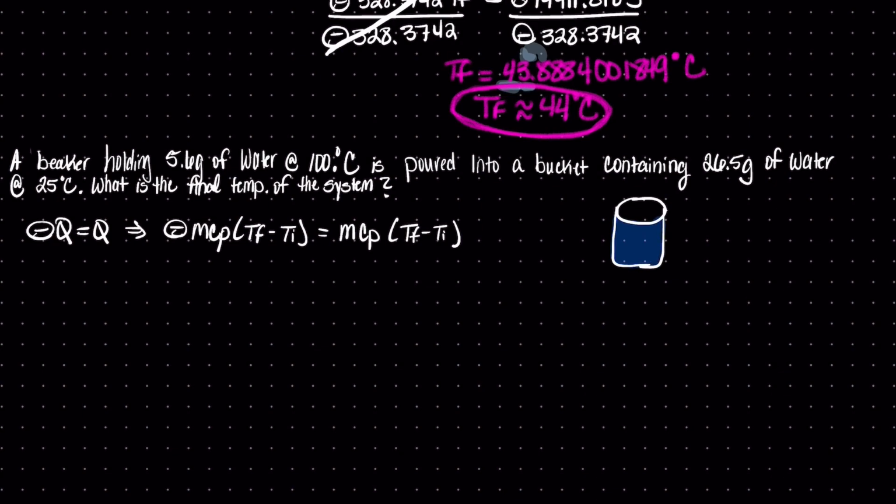And I'm gonna write that that's 5.6 grams of water, currently resting at 100 degrees Celsius. And I'm gonna tip that into a bucket. So I'm gonna be pouring that lovely pouring action there.